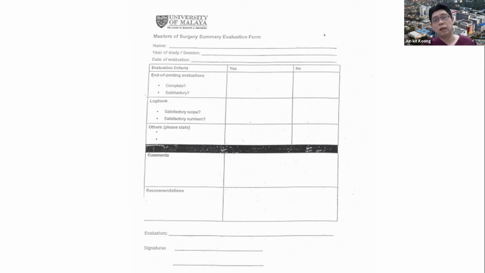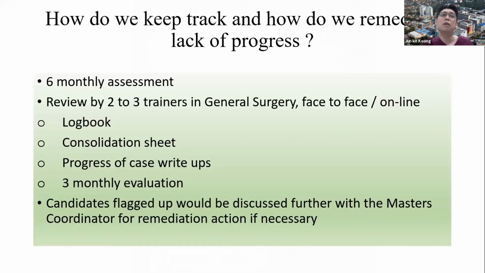We will then put under our recommendation to actually discuss this in a meeting first before deciding what to do. Okay, so as you know, this is usually a 6-monthly assessment.